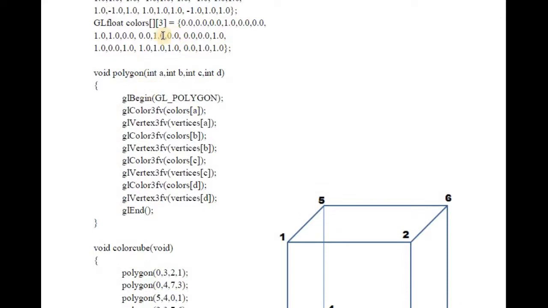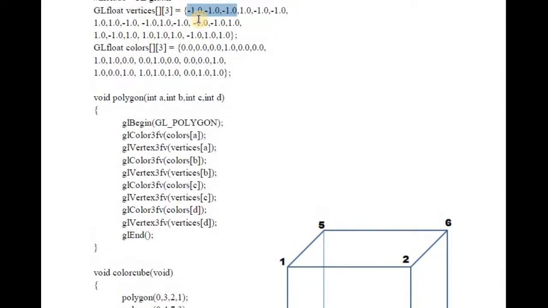So let me take this here. This I can say is v of 0, and the 3 means each set of 3 values. So minus 1, minus 1, minus 1.